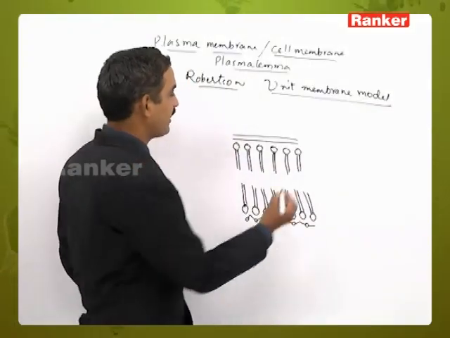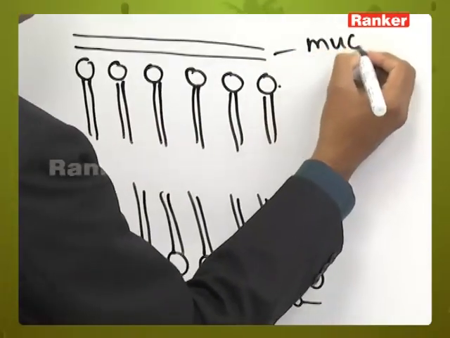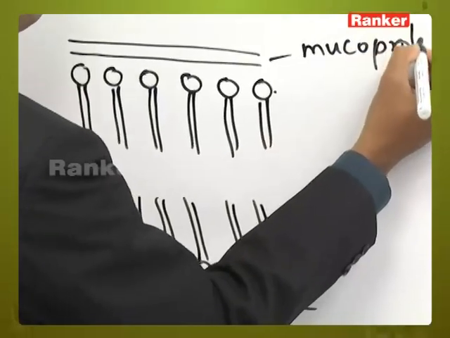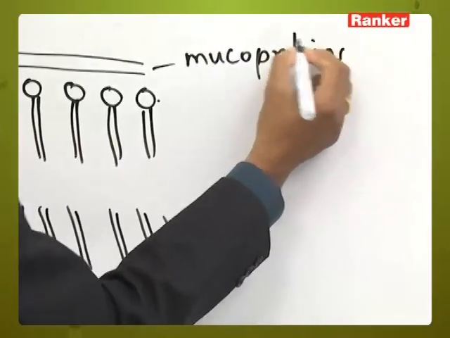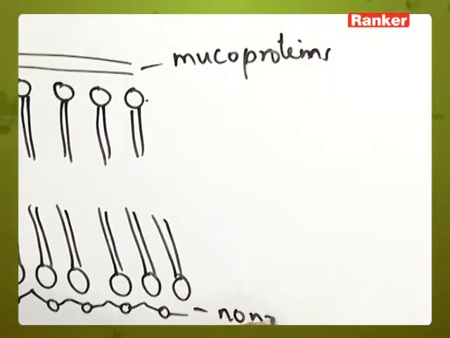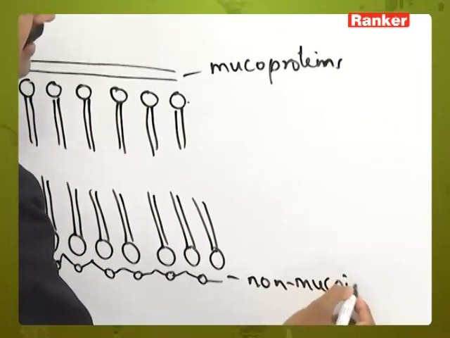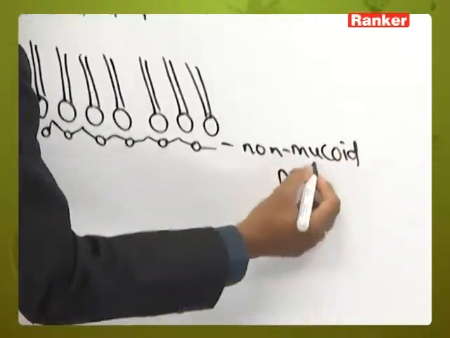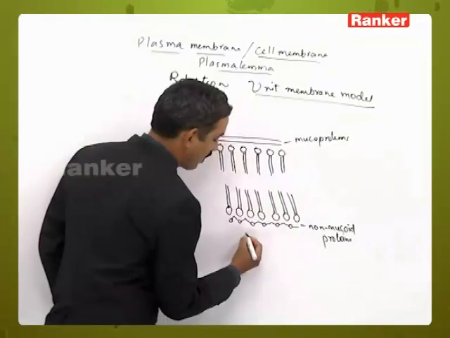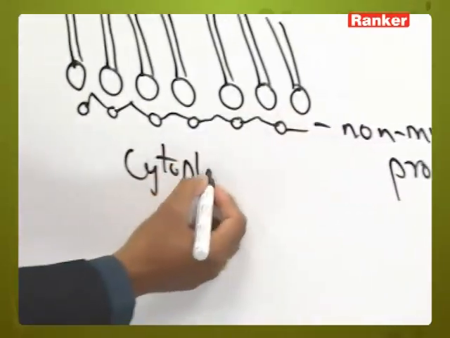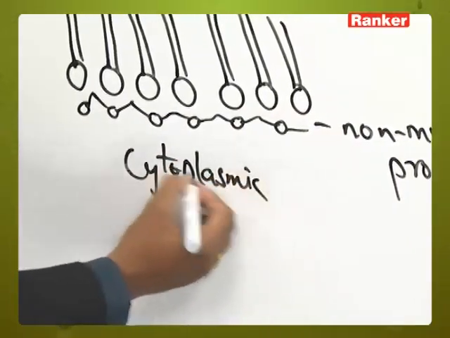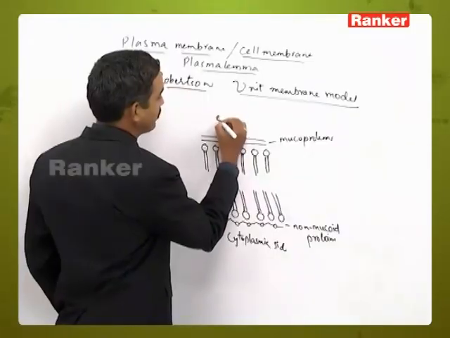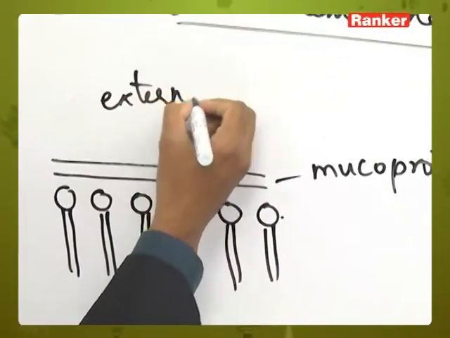Here we call the proteins on the outer side mucoproteins, the extrinsic ones, whereas the proteins towards the inner side, the cytoplasmic side, are non-mucoid proteins. This is the external or outer side.